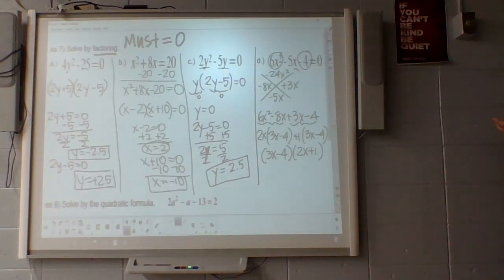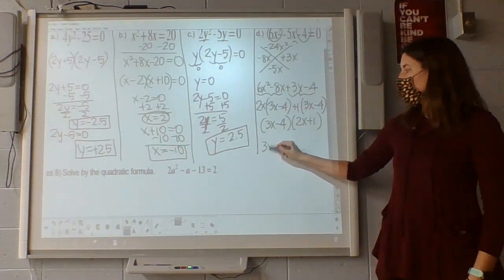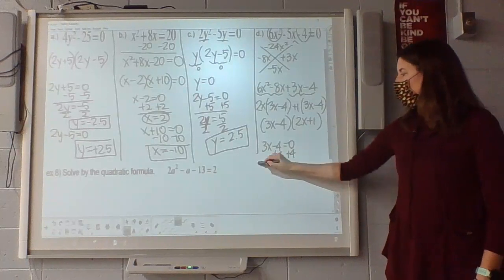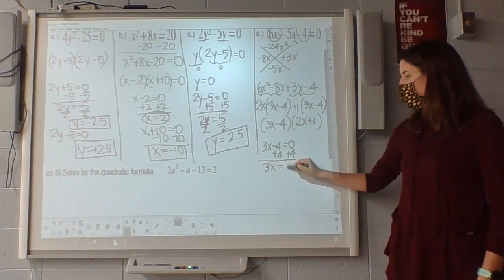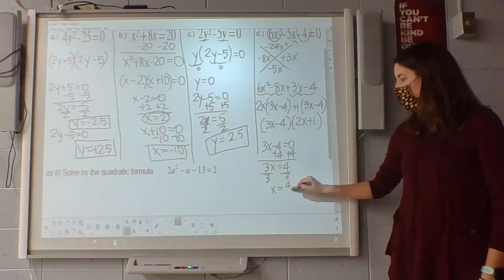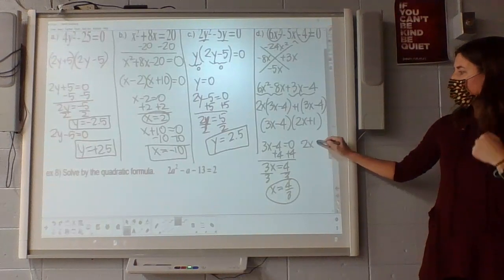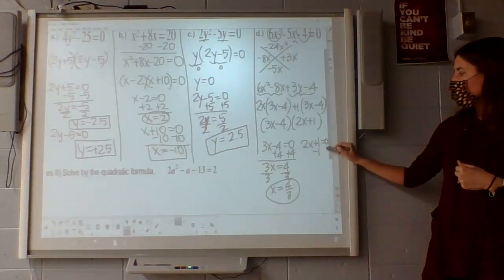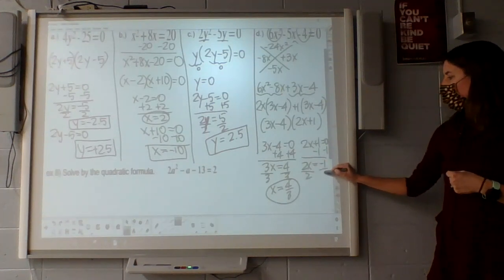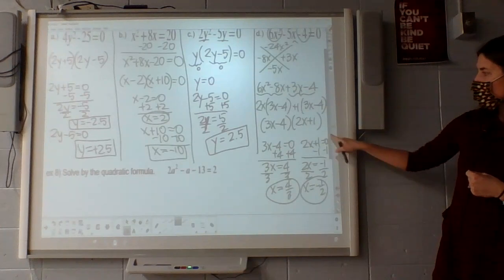And now I can set each of those factors equal to 0 and solve. I get 4/3, and then a negative 1/2. My two values.